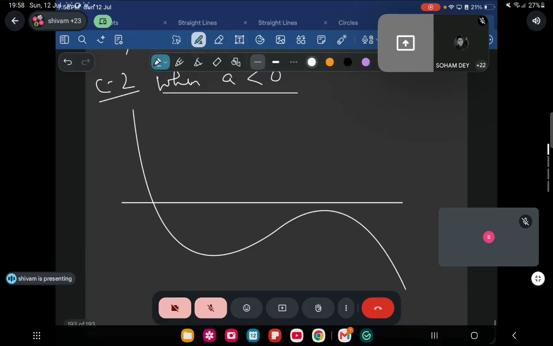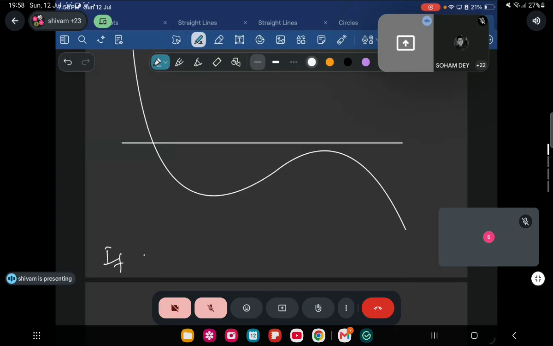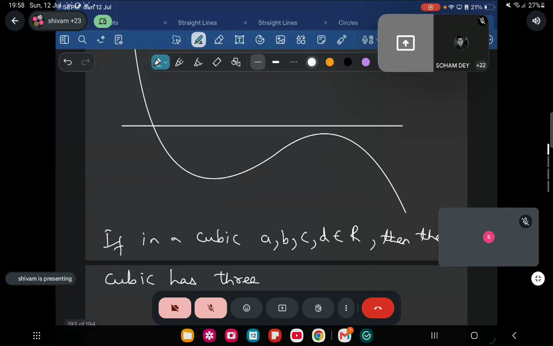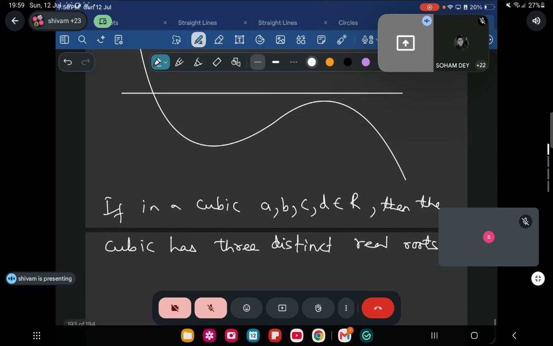Next. If in a cubic, a, b, c, d belong to real numbers, then the cubic has three distinct real roots.